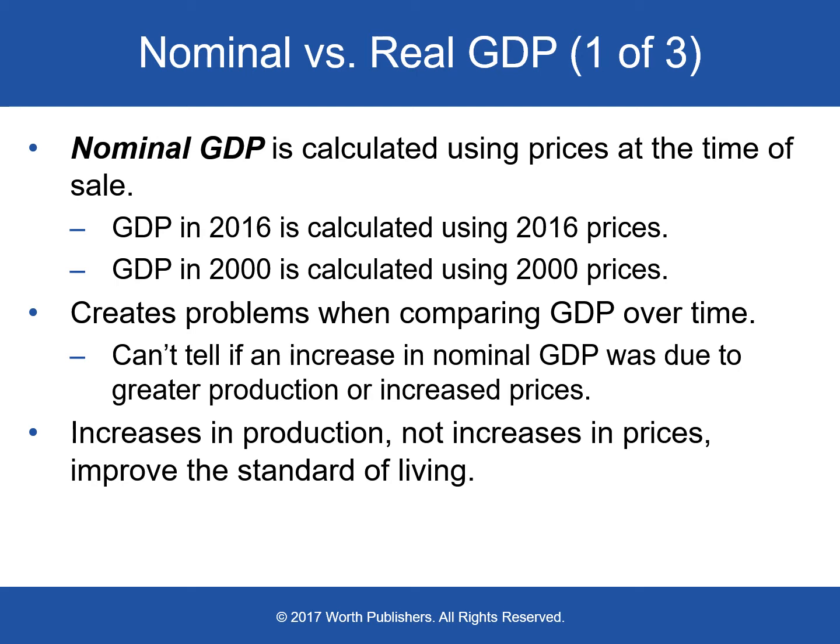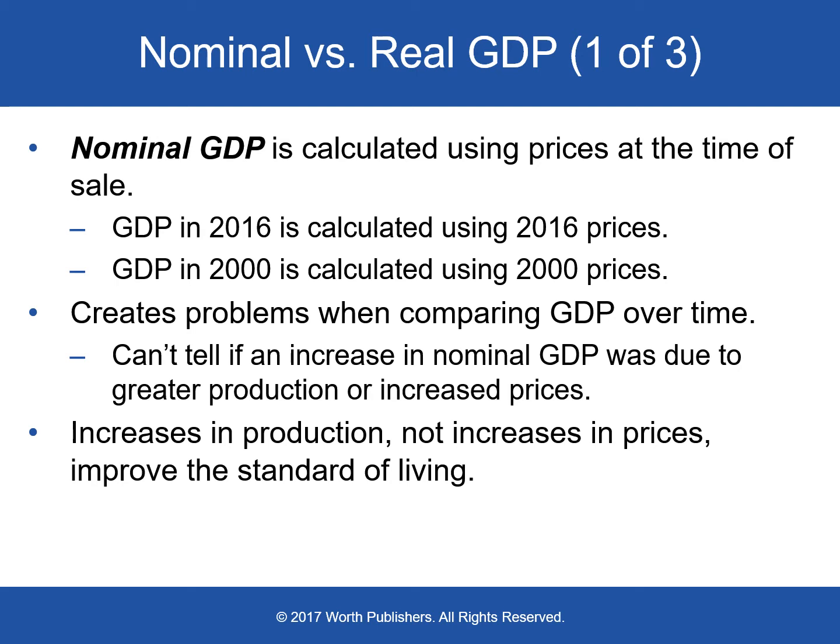Now, if we are going to compare GDP over time, there's a potential problem, basically because of inflation. Inflation is the reason for the potential problem. If the nominal GDP increases, but it was due to increased prices, I should say inflation, then that increase in nominal GDP was not actually a real increase.